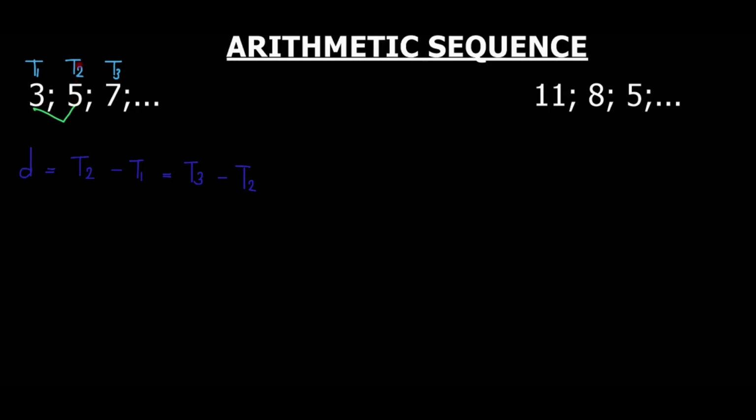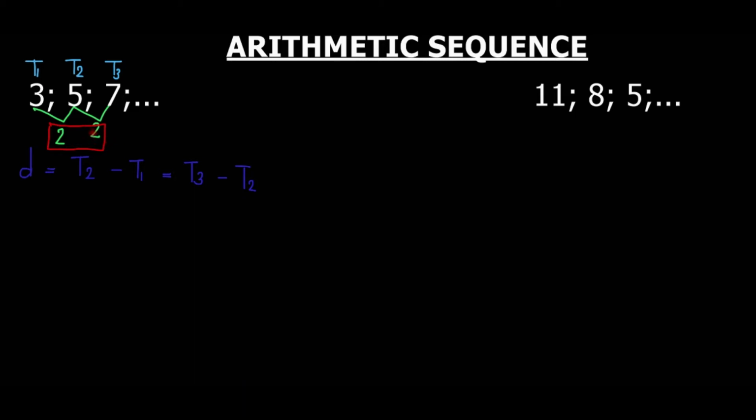So, we have T2 minus T1. We get 5 minus 3, which is 2. And then T3 minus T2, which is 7 minus 5, is 2 again. Because this number is the same, we subtract our terms.